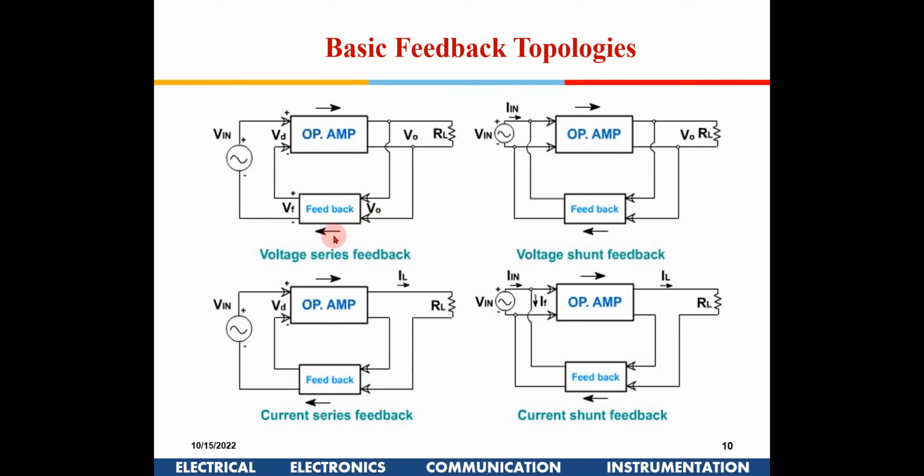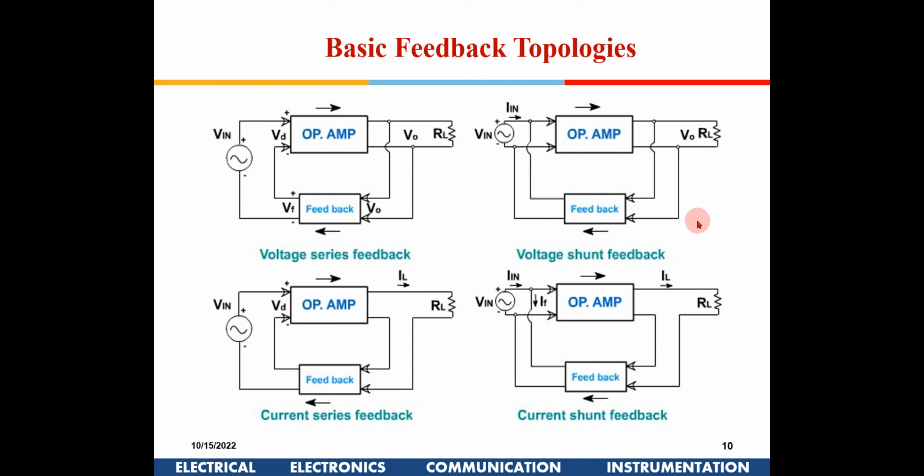Here it is a mix and match, voltage and series. Whenever there is such a mix and match, the first term indicates what is being done to the output, and the second term indicates what is being done at the input side. This is the output side, this is the input side. Voltage series means a voltage is sampled and connected in series out here. So this is applicable to voltage amplifiers.